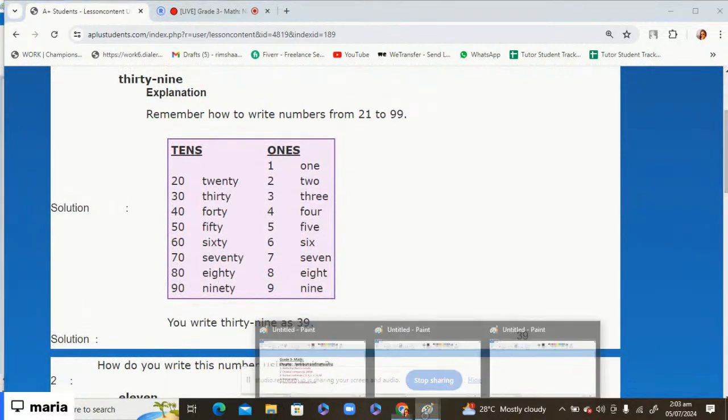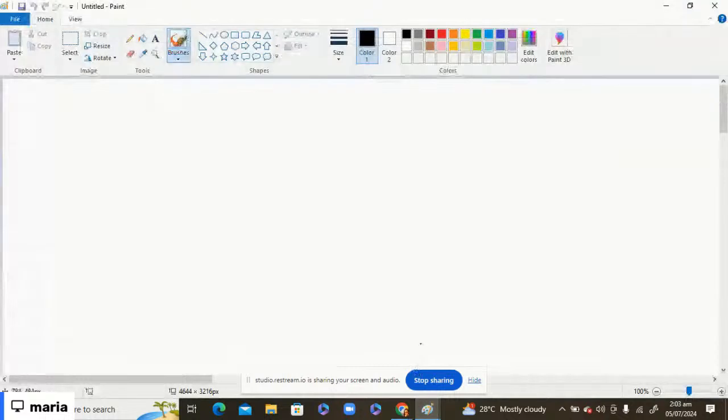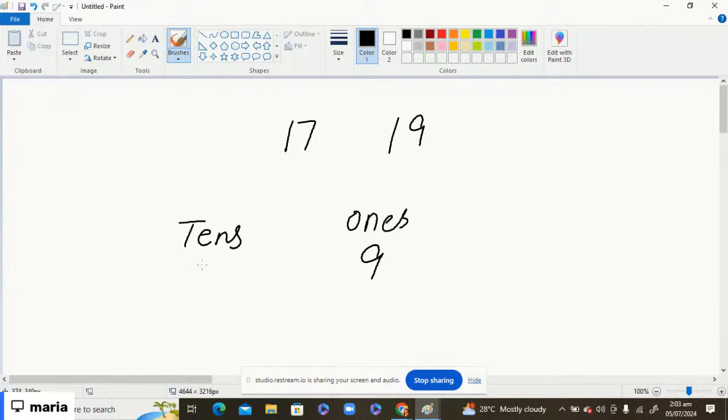For example, if you have only one digit, like 7 or 9, you are going to put it in the ones place. But if you have two digits combined like 17, 19, then it comes to the tens place as well. Like 9 is in the ones place and 1 is in the tens place, so the total is 19.